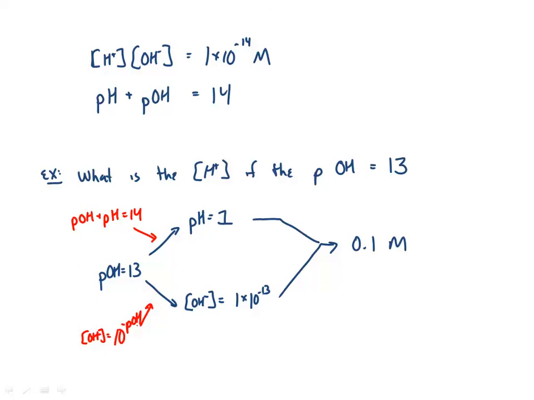And so I got 1 times 10 to the minus 13. Here I use the pH formula, oops, I'm sorry, I used H plus concentration equals 10 to the minus pH. Here I would have used concentration of H plus times the concentration of OH minus equals 1 times 10 to the minus 14 molar.